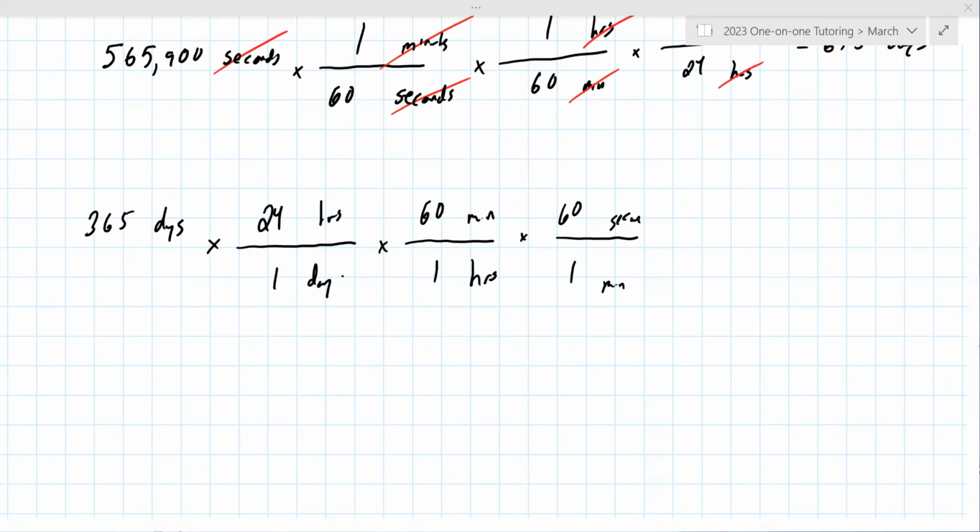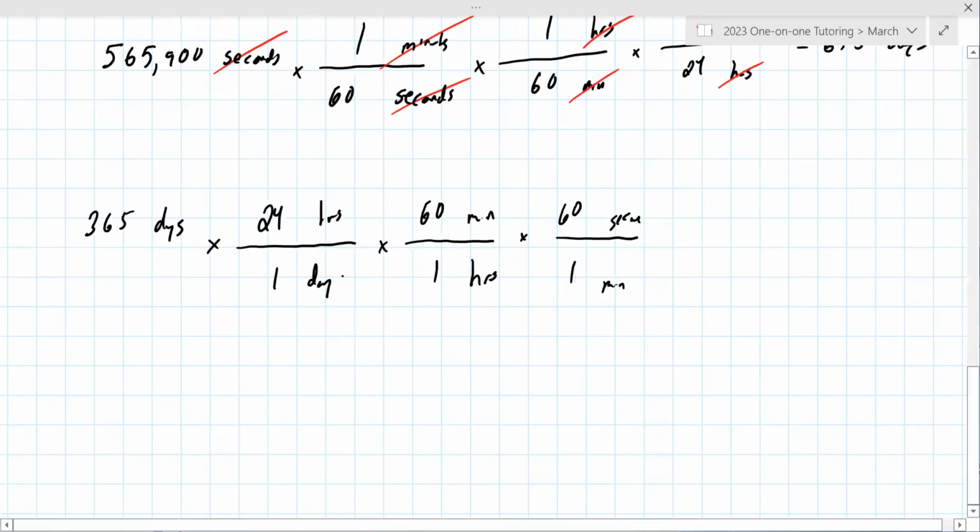Times 24 over 1, 60 over 1, times 60 over 1.